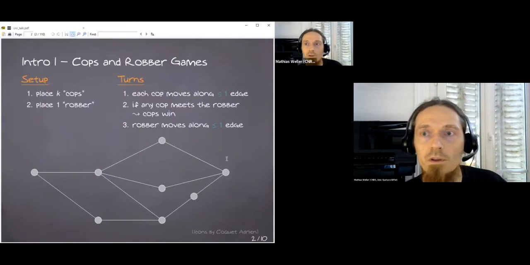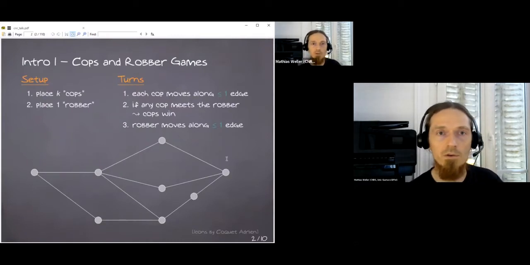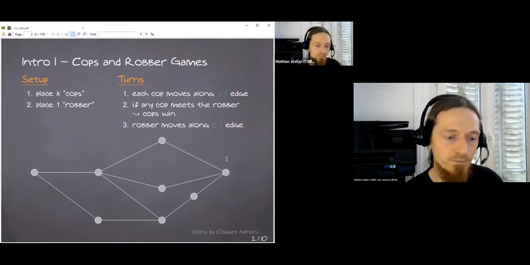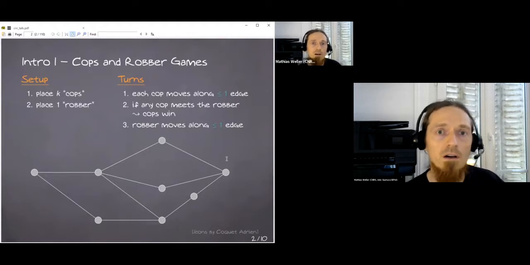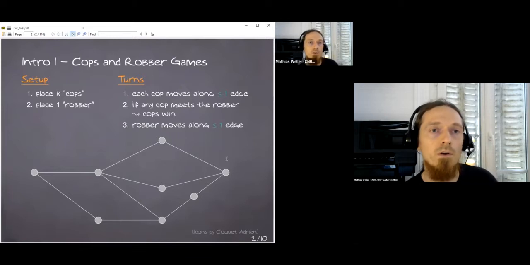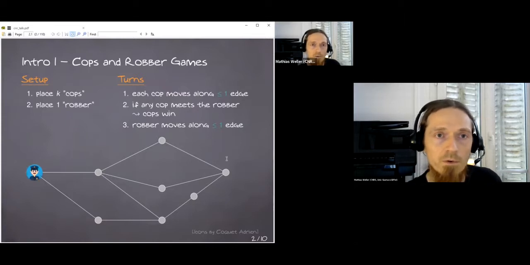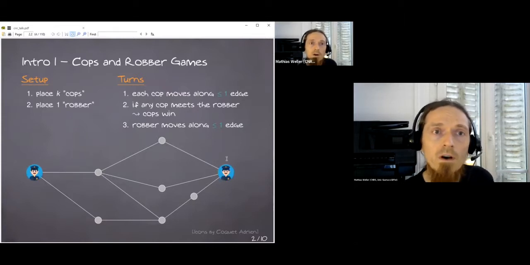The first will be the cops and robber games that many of you might know from static graph theory. It's a two-player game consisting of first a setup, as usual for games, where the cop player may place up to k cops on a graph. So, for example, like so.